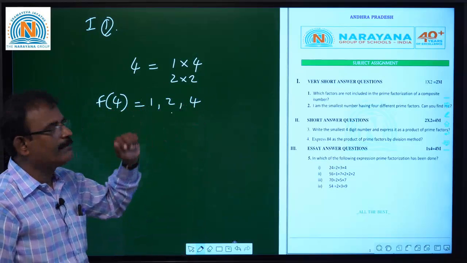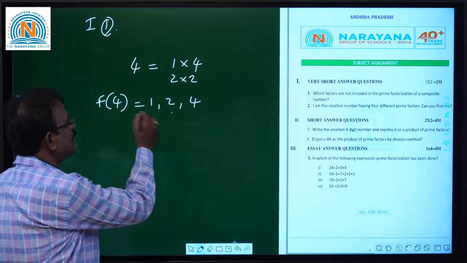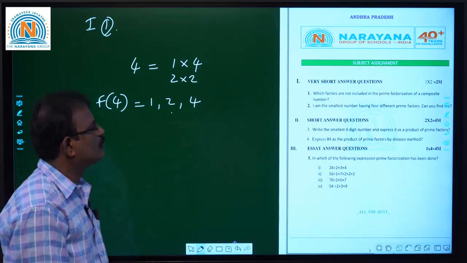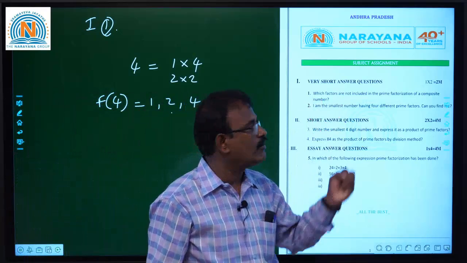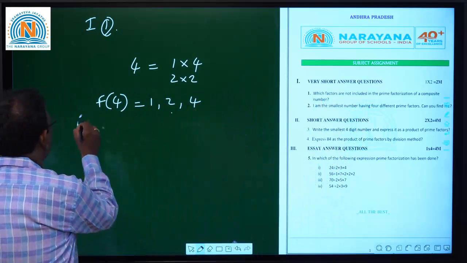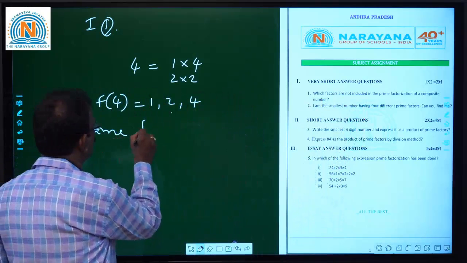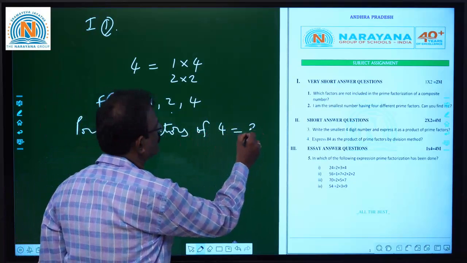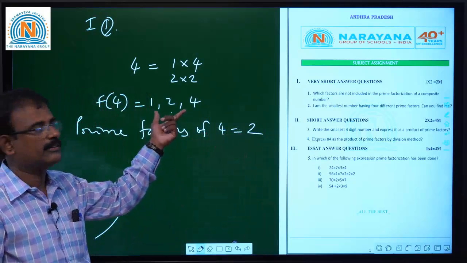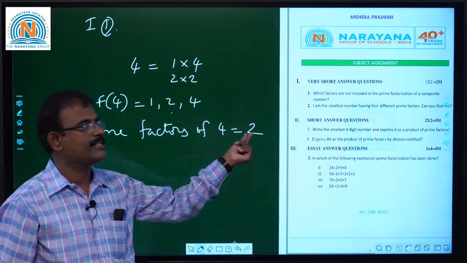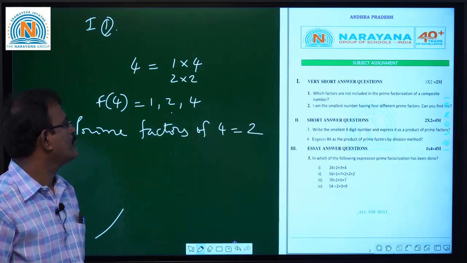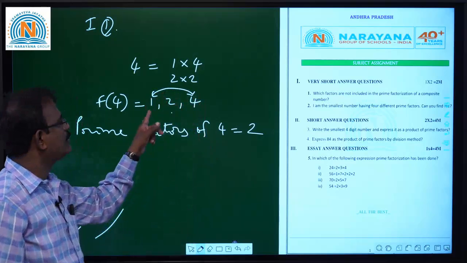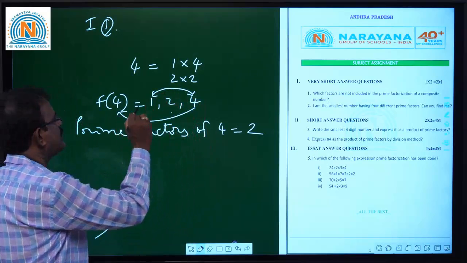In that, 2 is the prime factor, but 1 is neither prime nor composite, and 4 is a composite number. What are the prime factors of 4? Out of all 3 factors, only 2 is considered a prime factor of 4, and the remaining are 1 and the number itself.